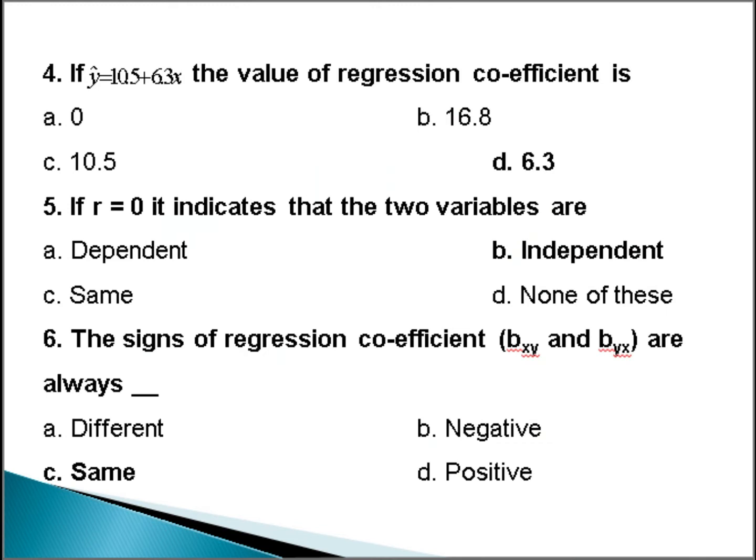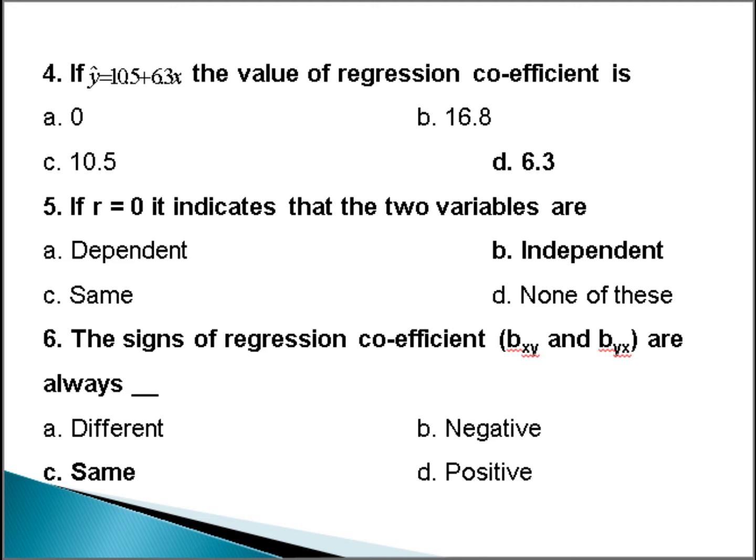If y hat is equals to 10.5 plus 6.3x, the value of regression coefficient is A option 0, B option 16.8, C option 10.5, D option 6.3. So the students, regression coefficient is the coefficient of variable x. Here this is 6.3, so the D option is true.